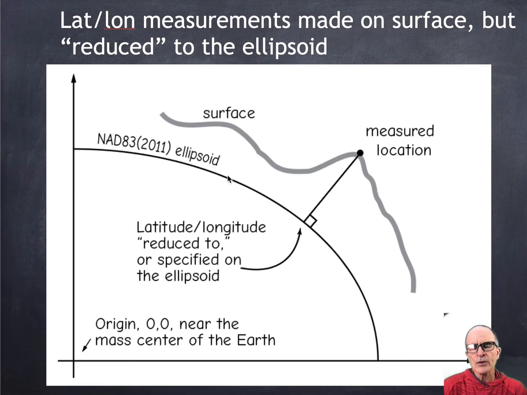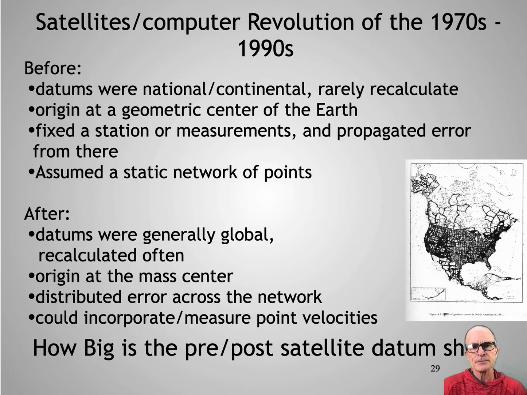As I'd get more locations and measure more places, get a better estimate of where this surface should sit, I might have a different origin, a different shape, and I'll estimate new locations. They shift slightly between one datum and the new improved datum. So we have to be careful that we know which datum we're using. And then with that datum, we can project, which I'll talk about in the next lecture, from this curved surface with this set of locations onto a flat surface.